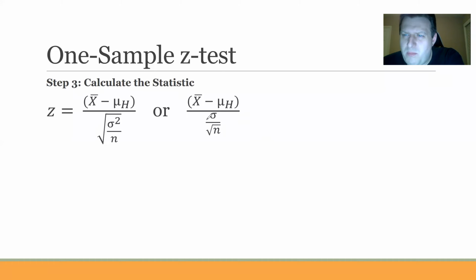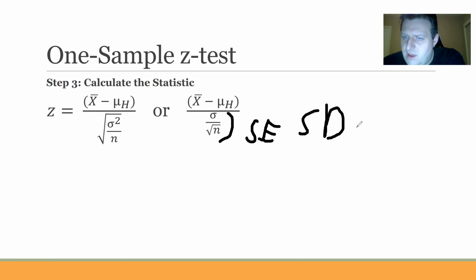But theoretically, this is almost identical to a z-score. This thing right here, you might not think is a standard deviation, but it is, right? This is the standard error of the mean, which is the standard deviation of a sampling distribution. All right, so that's what we have here.